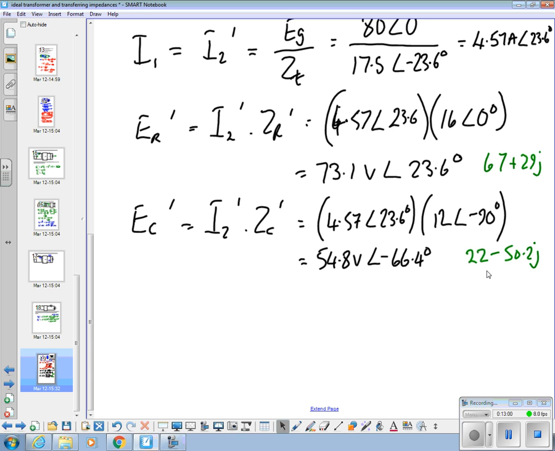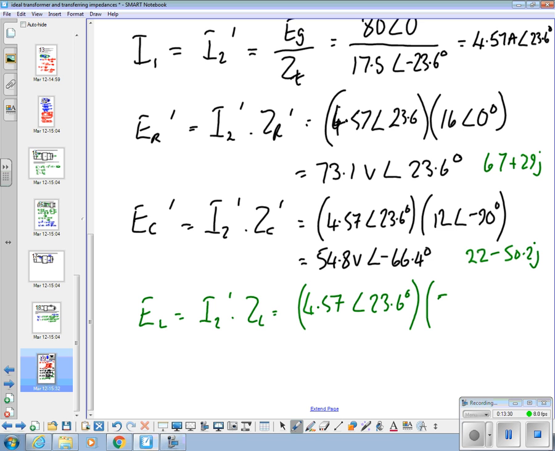We don't need it, but for the purpose of the check, I also calculated EL, which is I2 dash times ZL. That's 4.57 angle 23.6 degrees times 5 angle 90 degrees.